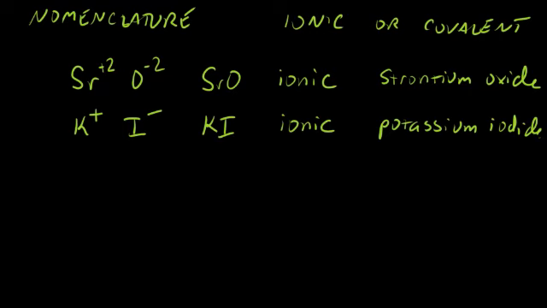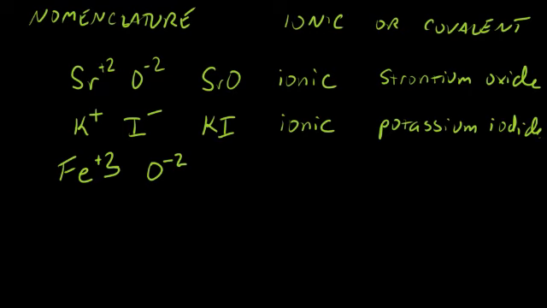Let's try one that will need the Stock system. So transition metal, how about iron with a charge of +2? And finally, let's go back to oxygen. Actually, let's change this. Let's go to iron 3. Let's give iron 3 a try and get a different formula than some of the other examples we've been seeing. So we have iron +3 and oxygen -2.